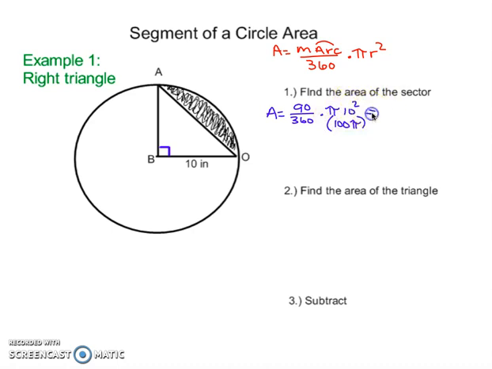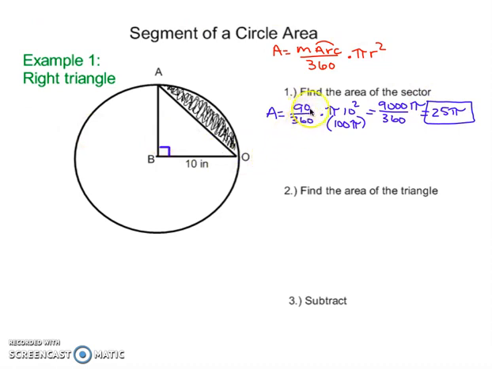And when we calculate that out, we would get 9,000 pi over 360, and that equals 25 pi. If I were to reduce it down instead, I'm just going to write it that way too.